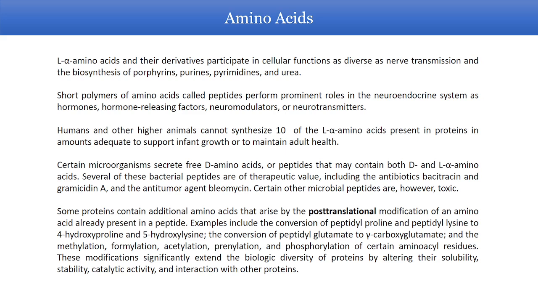Some proteins contain additional amino acids that arise from post-translational modifications of residues that already exist inside a peptide.